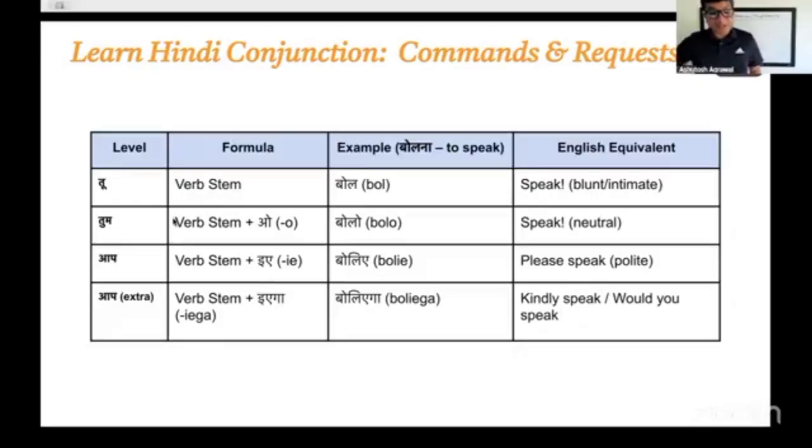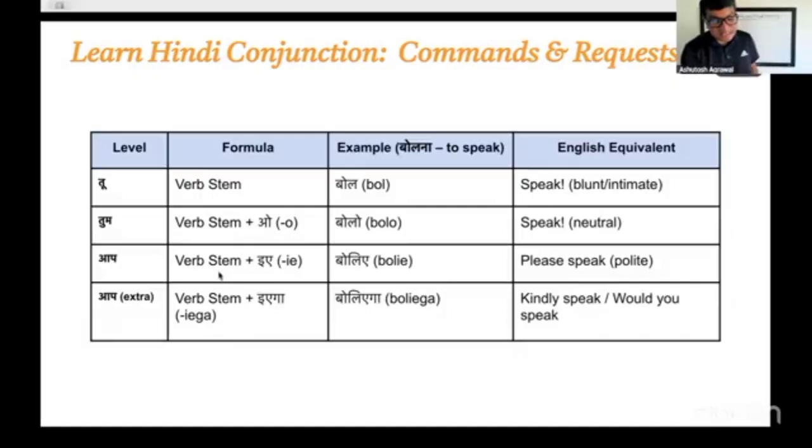Not extra polite, not extra rude, like tum bolo or tum karo. For example, jokingly, if somebody has to do the dishes, tum dishes karo. To do the dishes, I'm just going to use the word karna. So tum dishes karo.